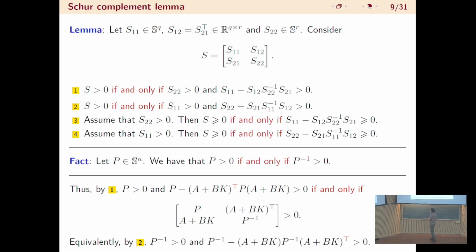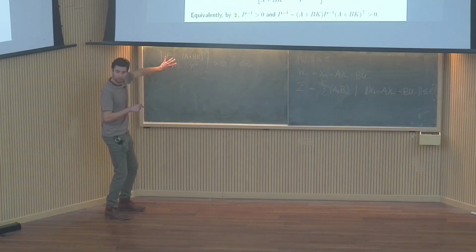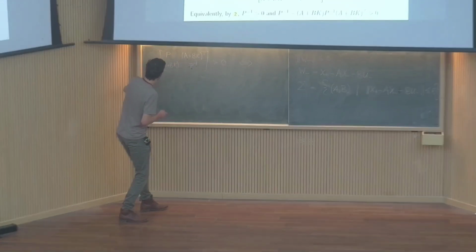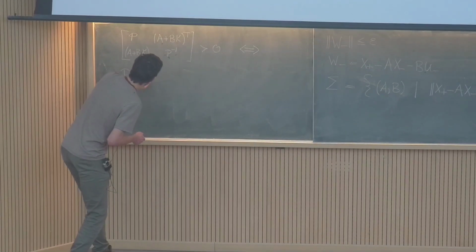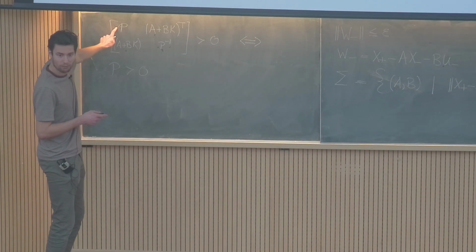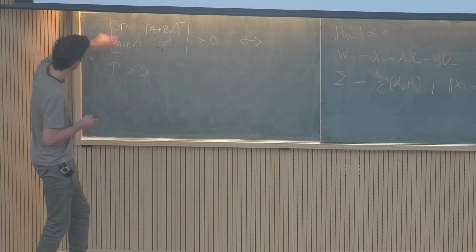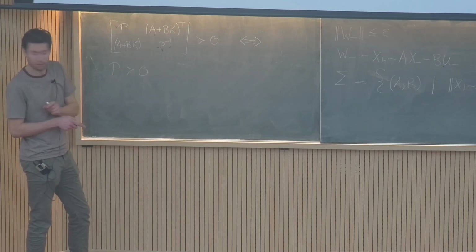Well, we start with the positive definiteness of this matrix over here, right? By item 2, the positive definiteness of the big matrix is equivalent to saying that P is positive definite. That's the S11 matrix. And the Schur complement with respect to the S11 block is also positive definite.